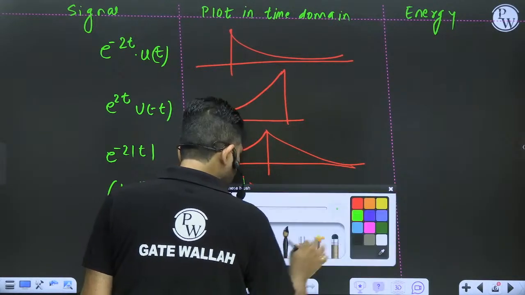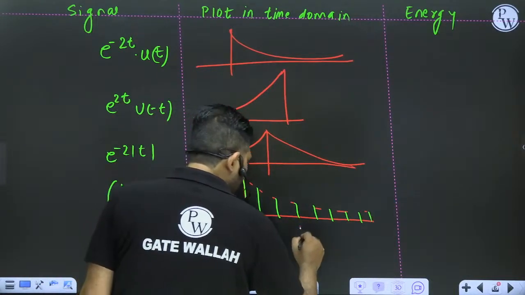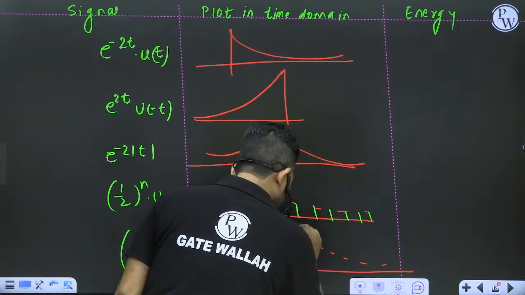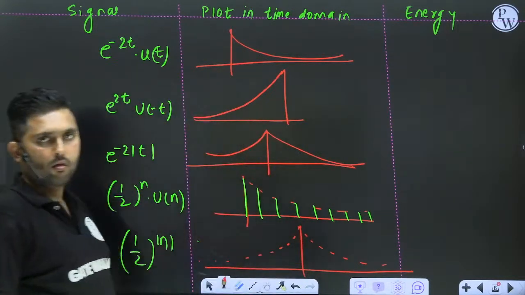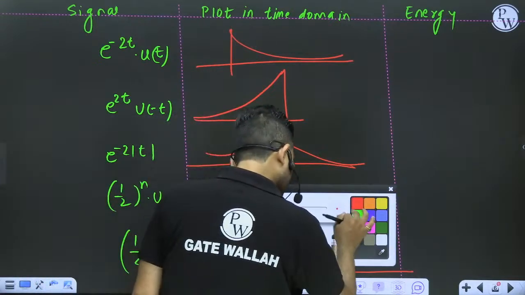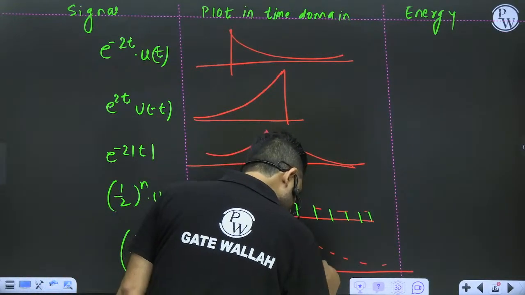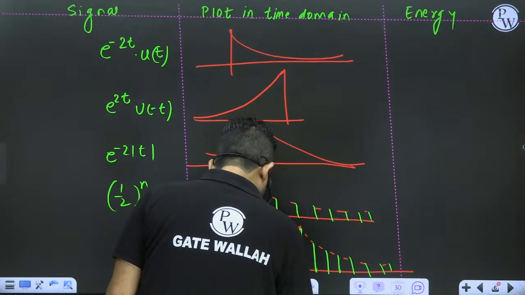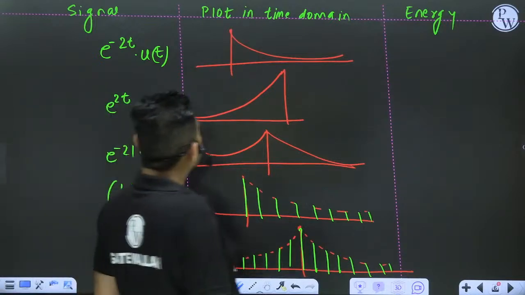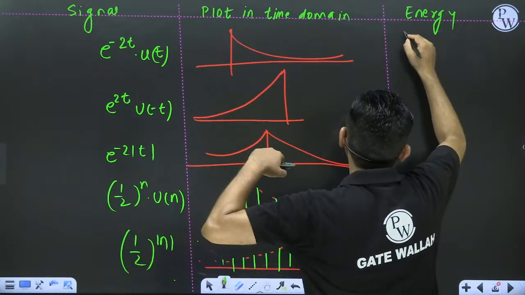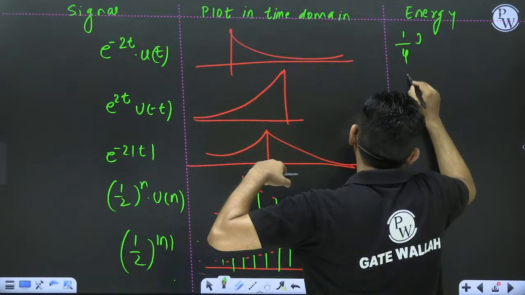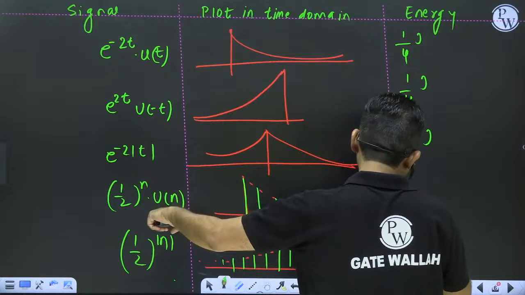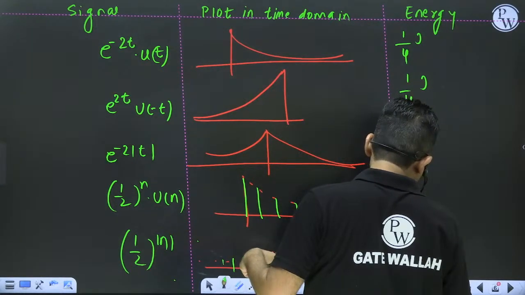And (1/2)^|n| is a curve which looks like this. And let's quickly write the energy here. Energy here was 1/4 joule. Again, it is 1/4 joule. 1/2 joule. It was 4/3, I think so. And it is 5/3.